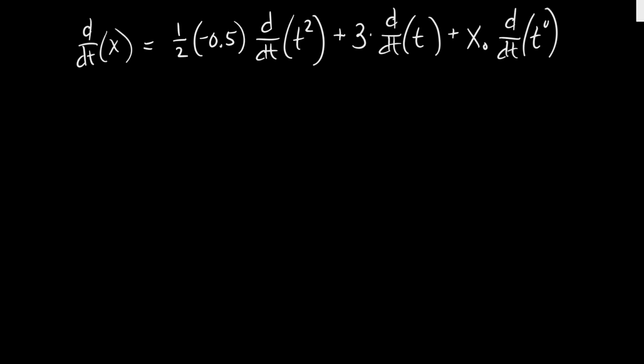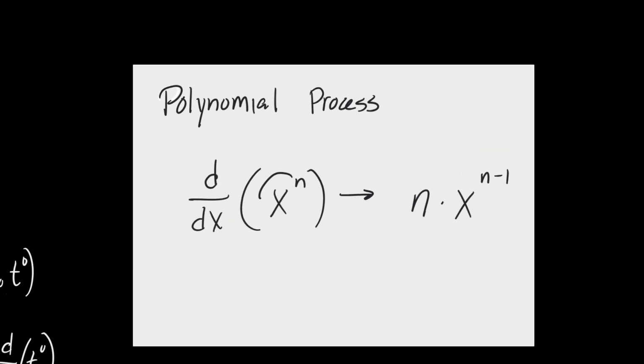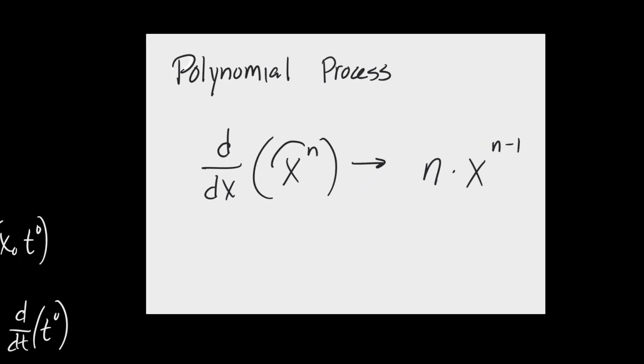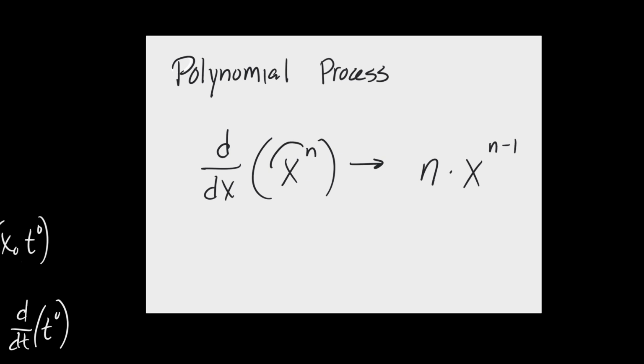Now, I'm going to apply the polynomial process. I still have my 1/2 and my negative 0.5. But the polynomial process says to take the exponent, bring it down front, and then subtract 1 from the exponent. Polynomial process, right? Bring the exponent down front, and then take 1 away from the exponent.